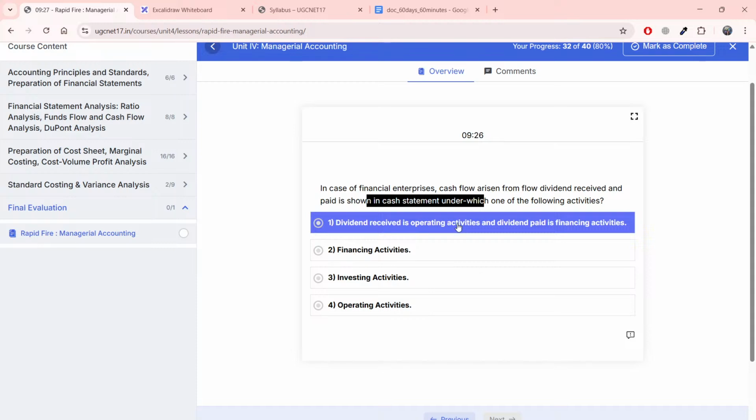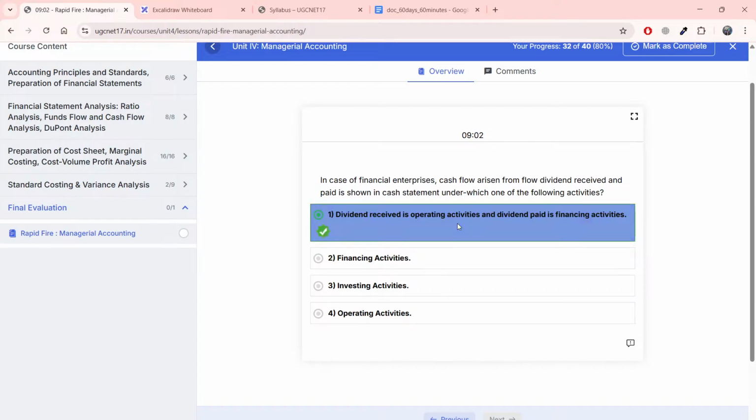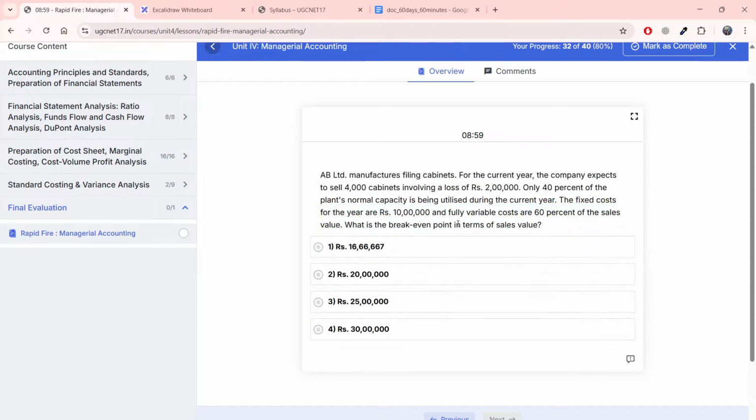No. डिविडेंड का पे करना, it is operating, मतलब operating budget से पैसा जा रहा है. डिविडेंड received is operating activities. डिविडेंड receive होता है हमें. सही है. When dividend is received, हमारा operating activities बढ़ रहा है क्योंकि पैसे मिल रहे हैं, और जब दिया जा रहा है तो financing हो रहा है. Okay.